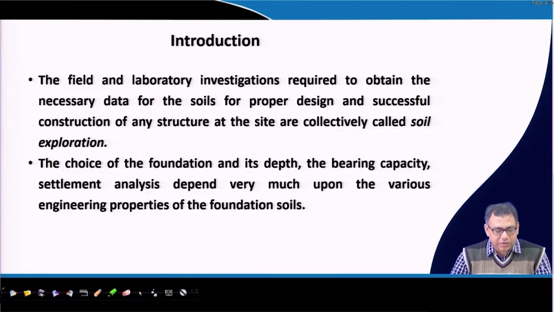The definition of soil exploration: the field and laboratory investigations required to obtain the necessary data for the proper design and successful construction of any structure at a site is collectively called soil exploration. But in this part I will discuss mainly the field investigations. The choice of foundation, its depth, the bearing capacity, settlement analysis, all depend on the properties of the soil.